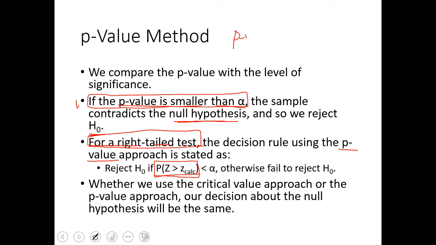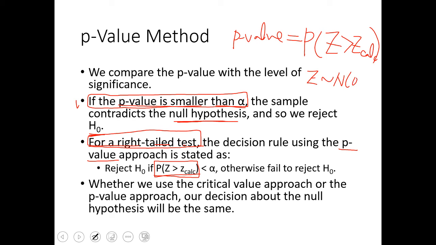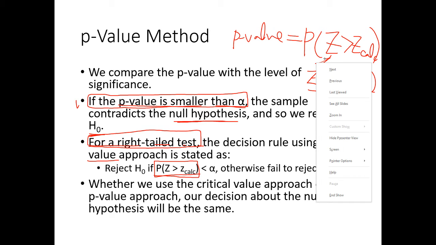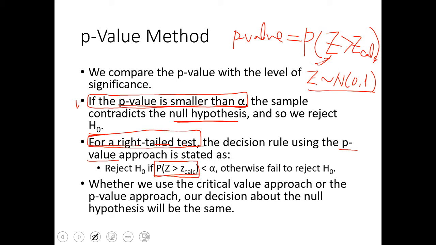The p-value for the right-tailed test is the probability that z is greater than z calc, where z is the standard normal distribution. So the p-value for the right-tailed test is obtained by this equation.